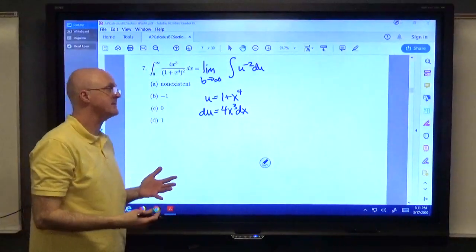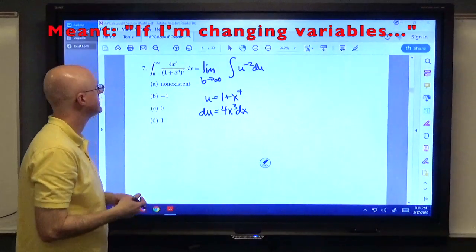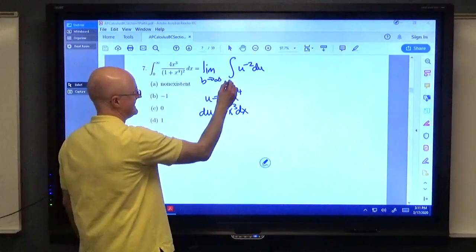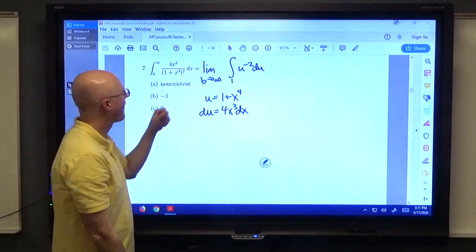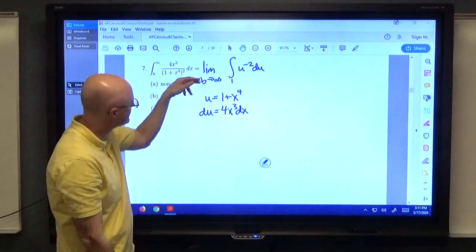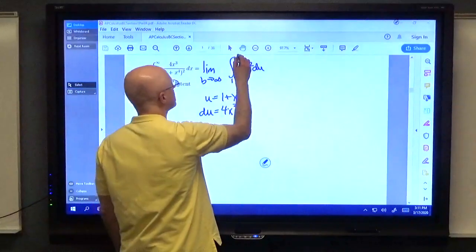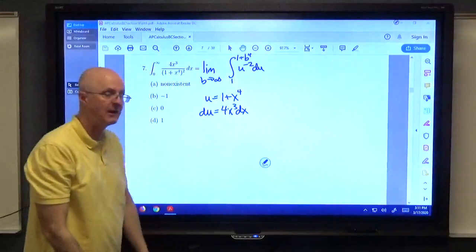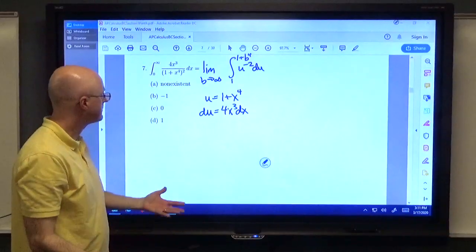If I'm changing limits of integration, even in here with this limit in here, I do need to change the limits of integration. When x is 0, u is 1, not 0. When x is infinity, or you could replace it with infinity if you didn't have a limit sign, but when x is b, replace x with b here, you're going to get 1 plus b to the fourth. That's okay. That's the upper limit of the integral when you change the new limits of integration to the new variable.